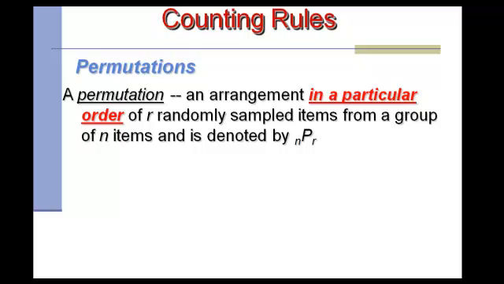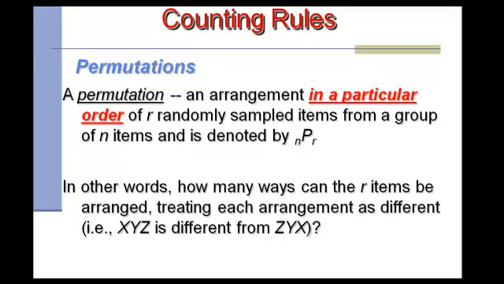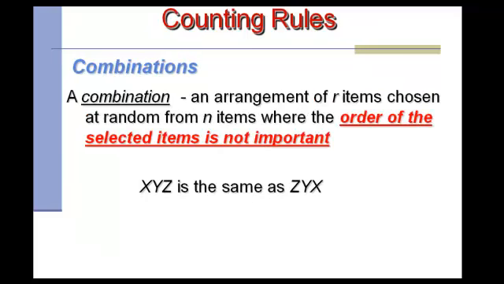So order counts. When you're talking about permutations, order counts. For example, how many ways can the R items be arranged, treating each arrangement as different? Is XYZ different from ZYX? Yeah, of course. That's a permutation.